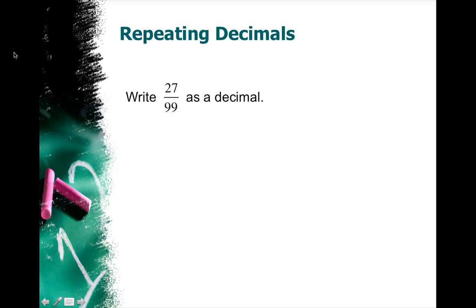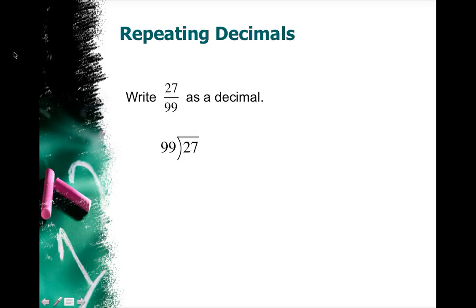Now we're going to look at writing repeating decimals. We are being asked to write 27/99 as a decimal. Now notice 27/99 is less than 1. So we need to set up our division problem so that we get a decimal that is less than 1. 27, the numerator, goes inside.